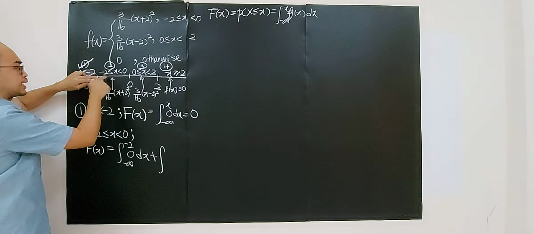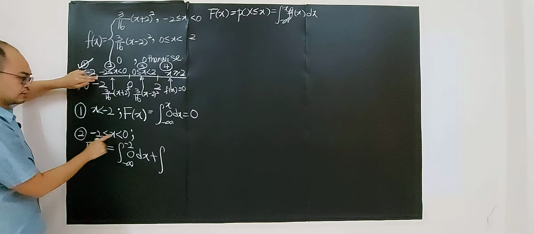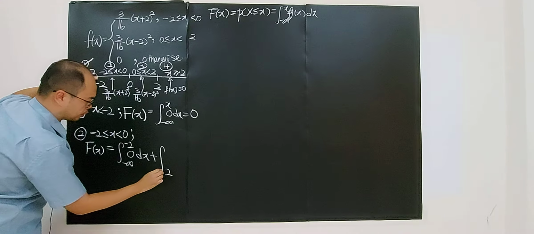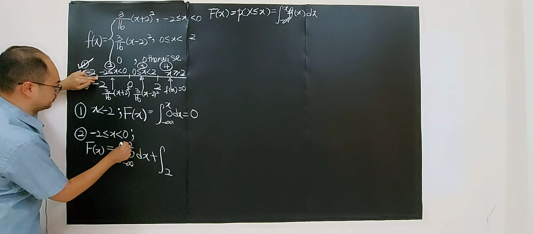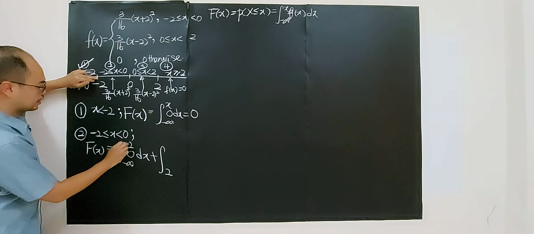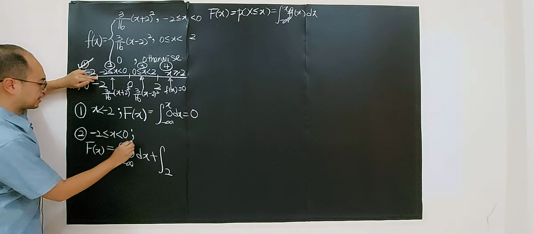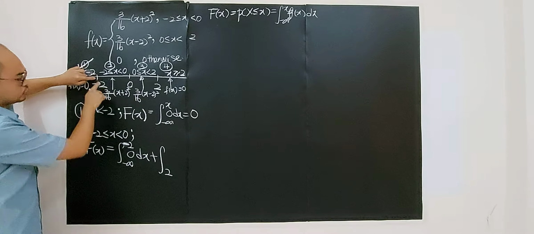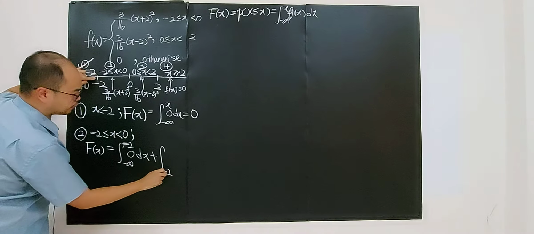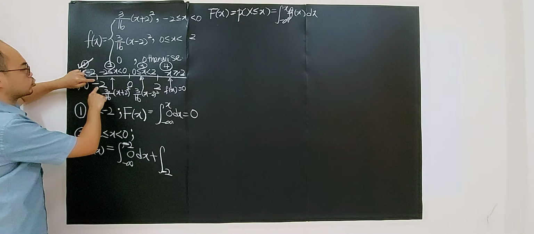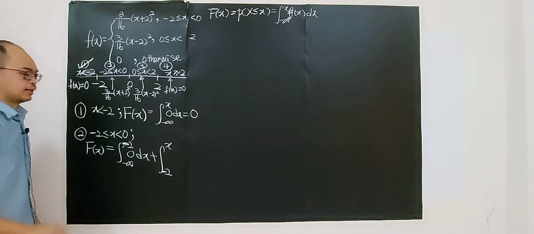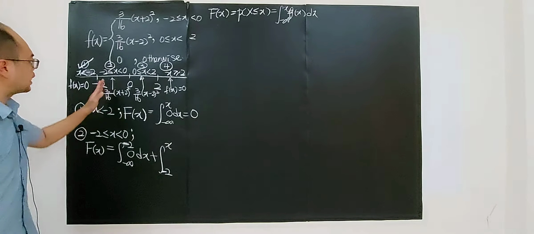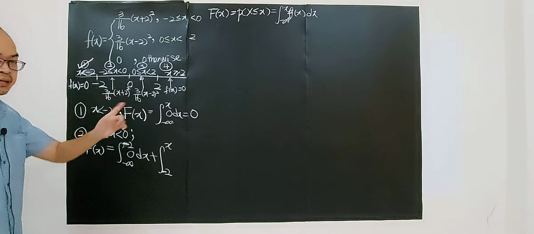Now in the second interval, we are just at the second interval, so we start with -2. Passing through -2, we start with -2 up to x, because now we are just at the second interval, not done yet.